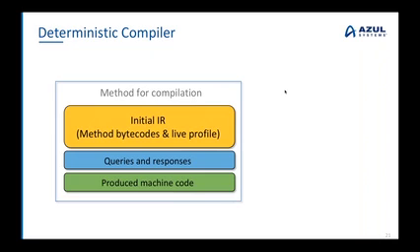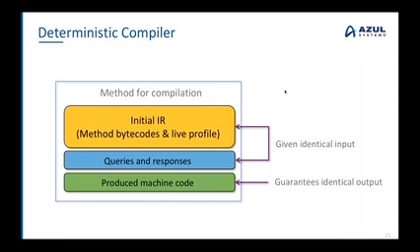And then finally, we have the machine code that is produced from that set of information. The deterministic nature of this says that if we have identical input in the form of the initial IR and the queries and responses, then we can guarantee that the machine code that we generate is going to be identical.